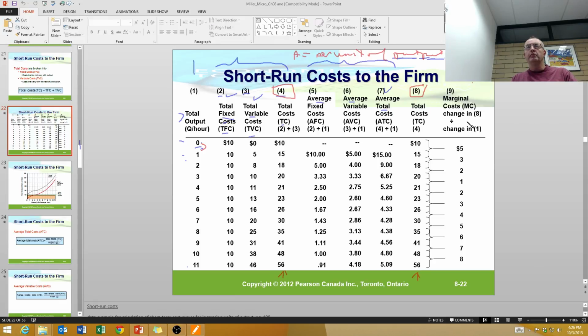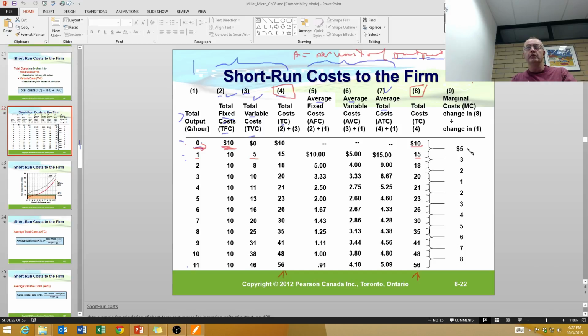So when we calculate marginal cost here, when we have zero output, we have fixed costs. We still have rent to pay, we still have property taxes to pay. So even if we have no output, we still have total costs of 10. And then we produce 1 unit of output, and our total costs increase by the variable cost amount, so increase by $5 to 15.